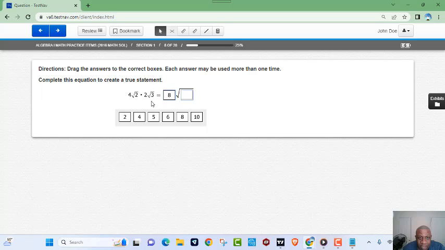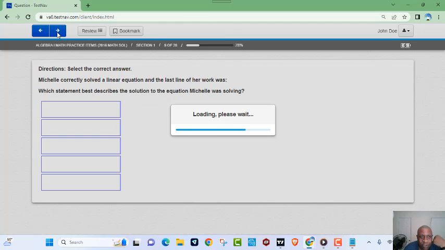Then radical 2 times radical 3 is radical 6. So I'll put radical 6 right there, and you're done. Again, all you do is multiply the integers by the integers, and the radicals by the radicals. And if you get a radical that needs to be simplified, then you would need to go further. Radical 6 can't be simplified any further. That is your answer. Let's look at the next question.